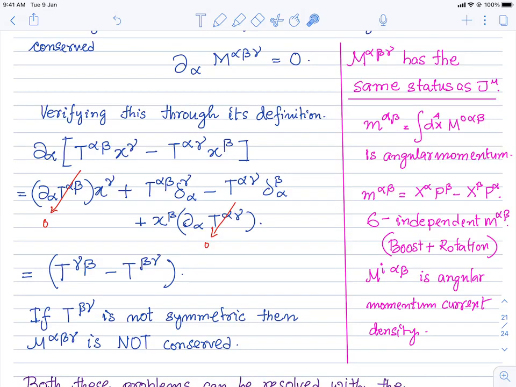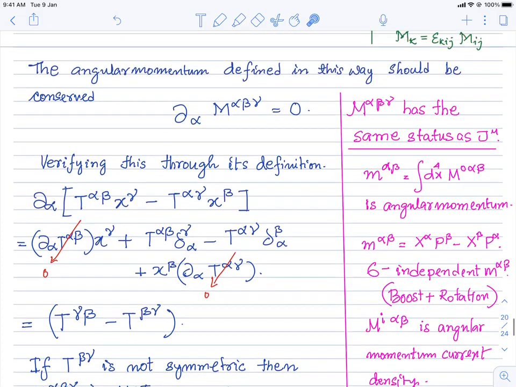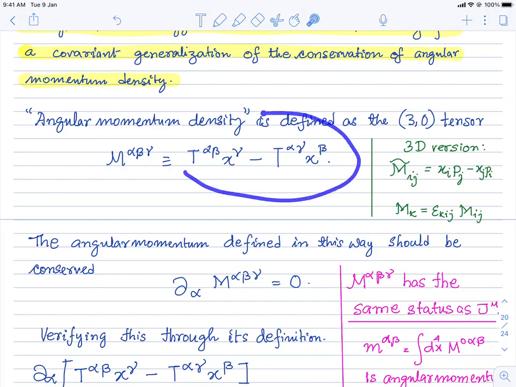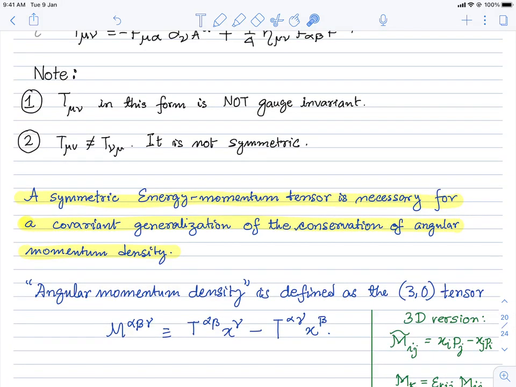Essentially, all these rotations and translations are part of a coordinate symmetry, a symmetry of the change of coordinates, and therefore all their information is contained within the conservation of the energy momentum tensor and its symmetry in the two indices. So therefore we have a problem. Both these things: it's not gauge invariant and it is not symmetric in the two indices. Both of these are problems.